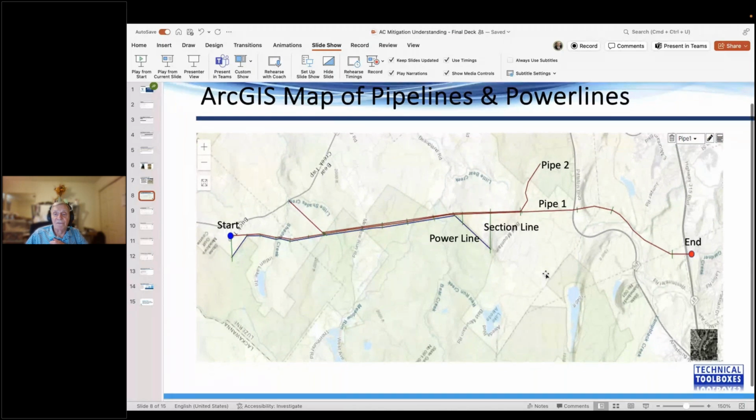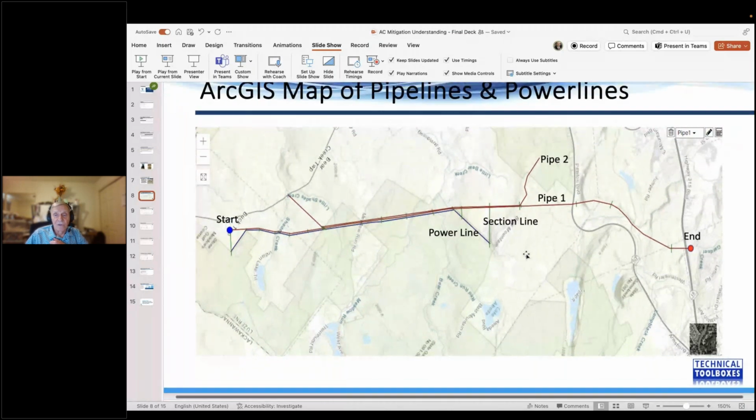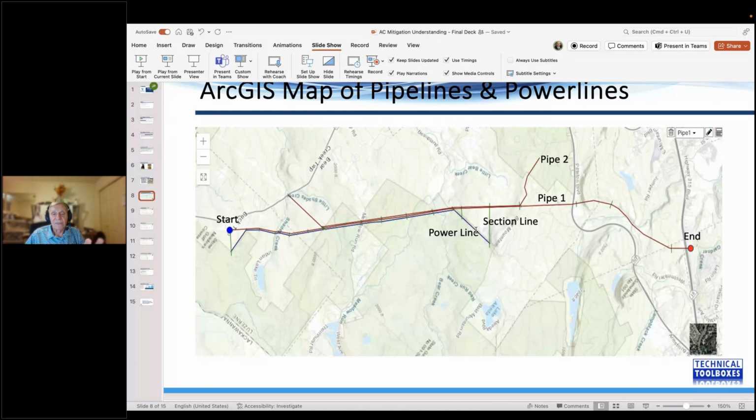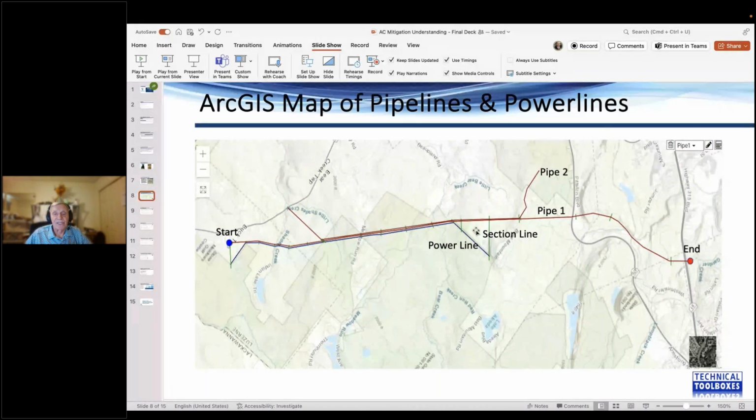So when we do a fault survey, one of the things is we create sections based on soil resistivity and things of this nature. But we also base it on where the towers are located, where the geometric changes are on here.